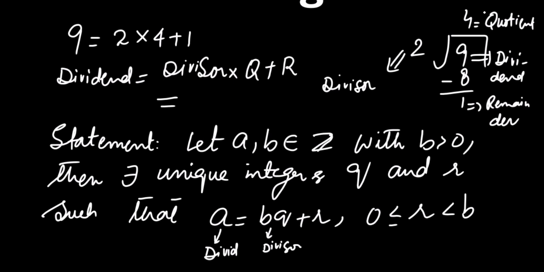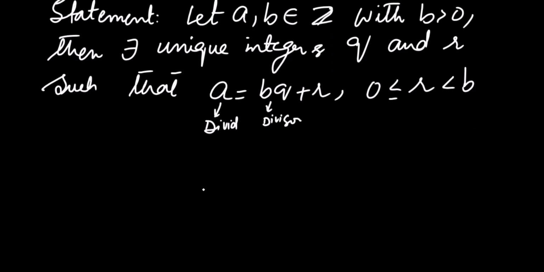The value of quotient q and the remainder are both unique. It is not possible that you can find any other quotient when you divide 9 by 2. Can you say this? This is 9, so 2 5s are 10, remainder is minus 1. So these remainder and quotients are always unique. They are not different.